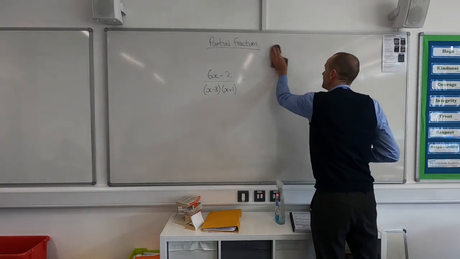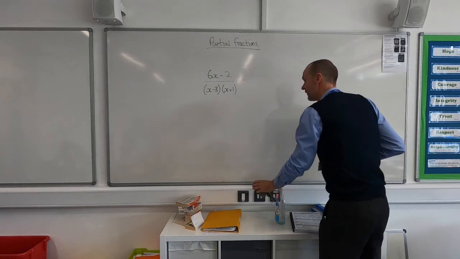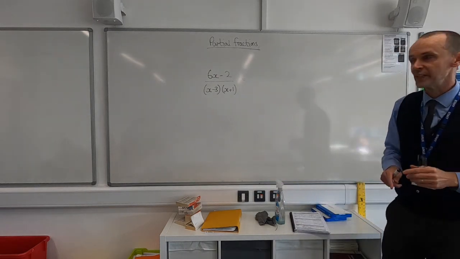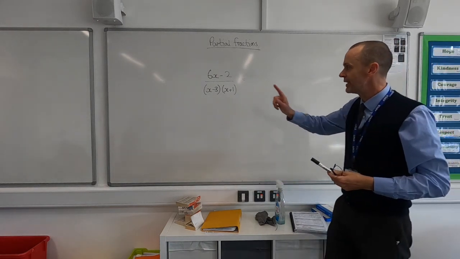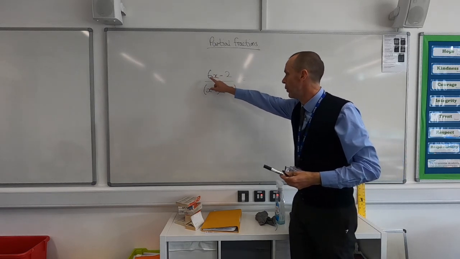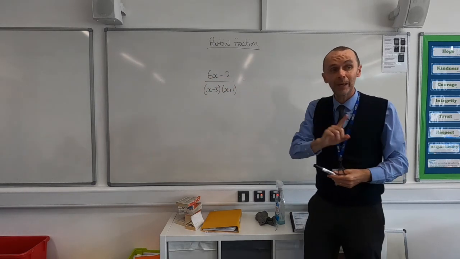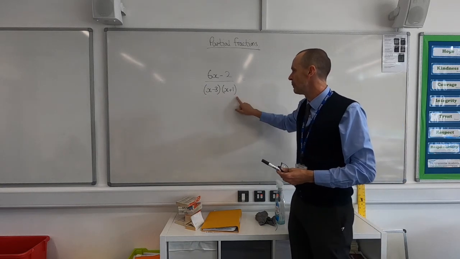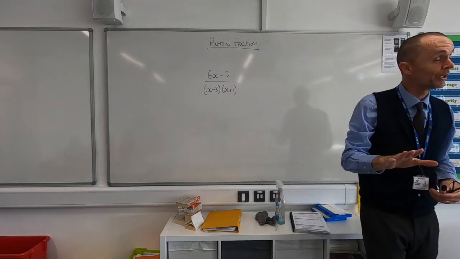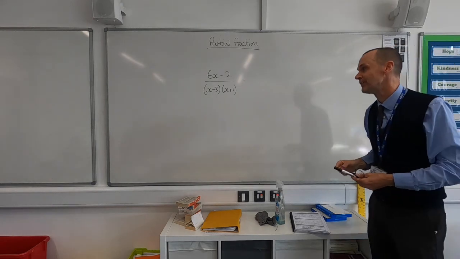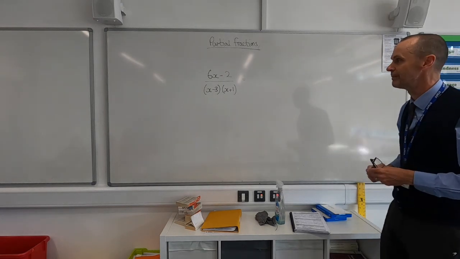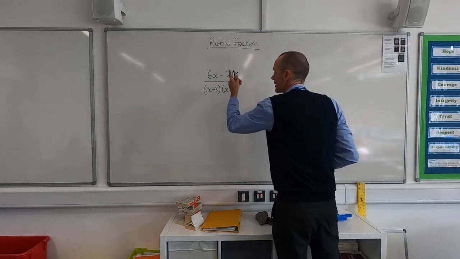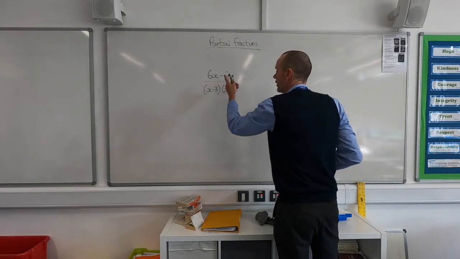However, there's one thing I can tell, and that's to do with the order of the expressions. If I look at this, I've got a fraction where the order of the numerator, the highest power of x, we call that the order, is 1. And if I was to multiply that out, the order of the denominator would be 2. Highest power of the denominator would be x squared. So I've got order 1 over order 2.